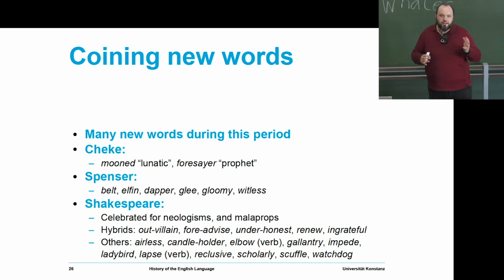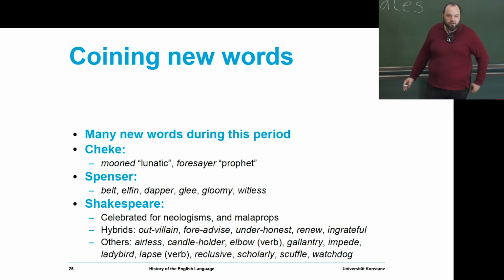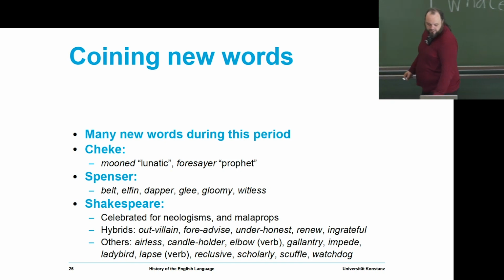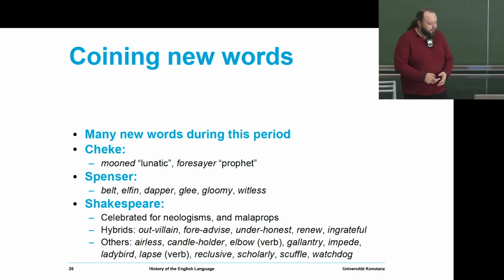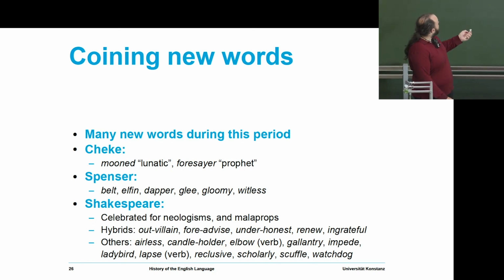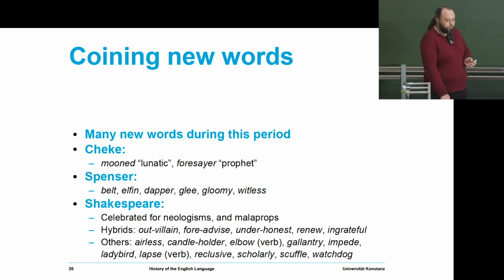That could be a sampling thing, but it's also very clear that Shakespeare was linguistically very creative. Or the Shakespearean texts are very linguistically creative anyway. And many of these here are words that you find for the first time in Shakespeare. Some of them we don't really see very often, like these hybrids, to fore-advise or to out-villain someone.